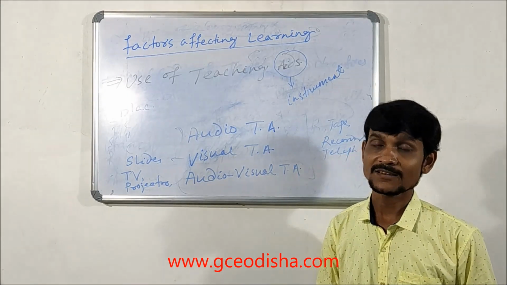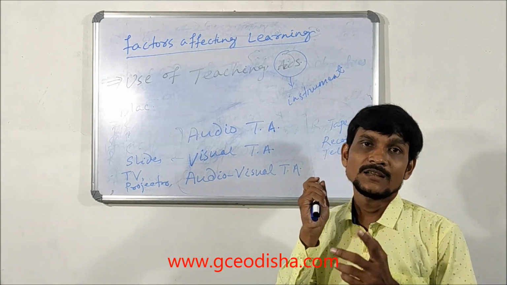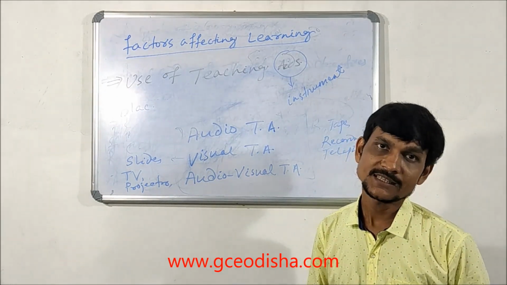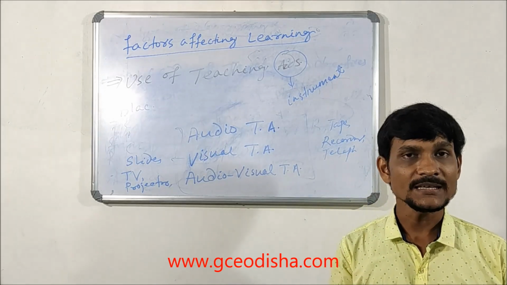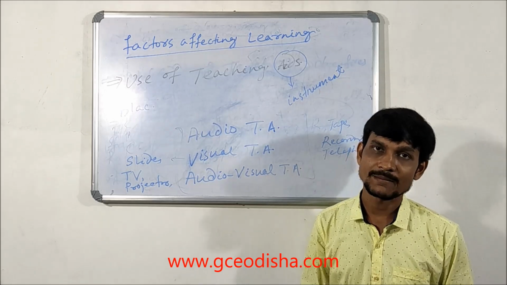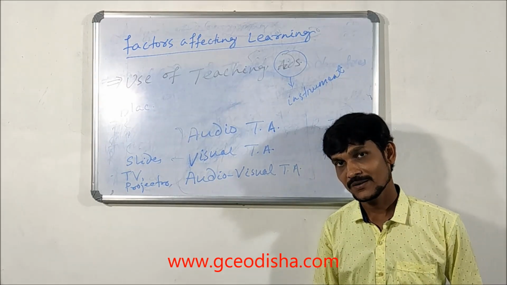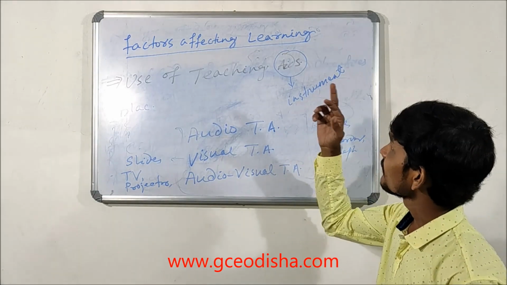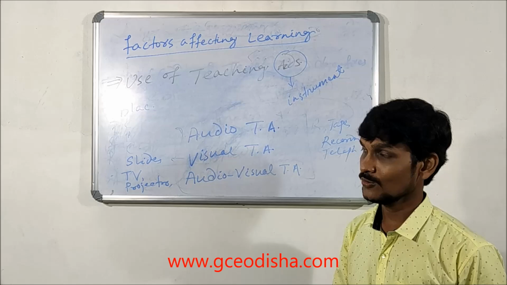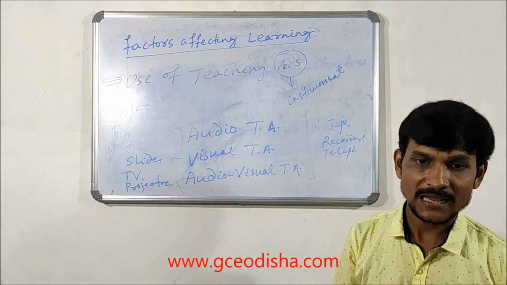The teacher must select appropriate and required teaching aids for the learners, by which teaching will be successful, teaching will be properly developed in the classroom, and learning will be promoted. Otherwise, learning will be affected. So, these are the key terms which are factors affecting learning.